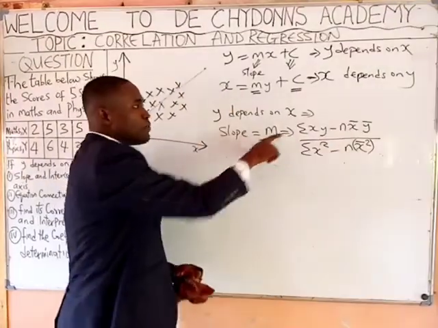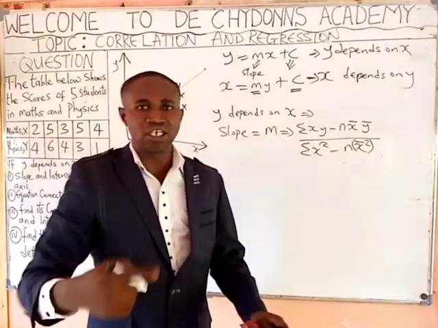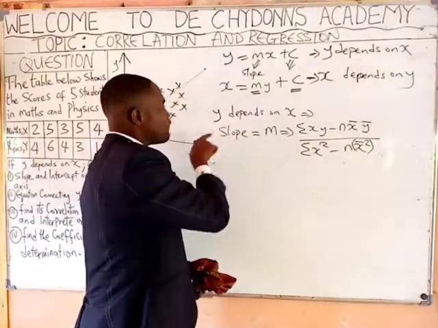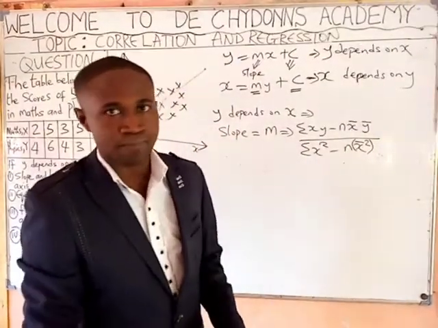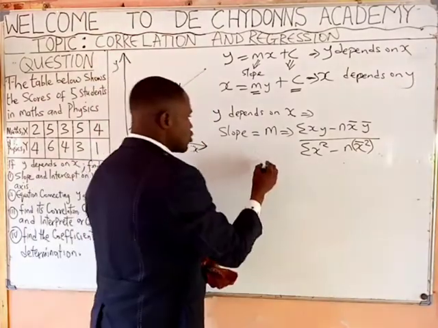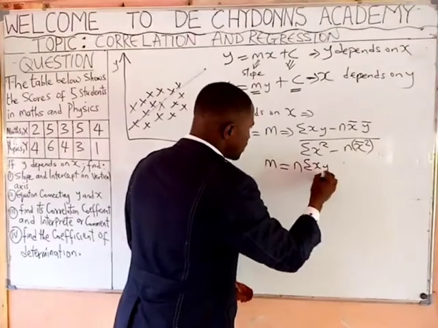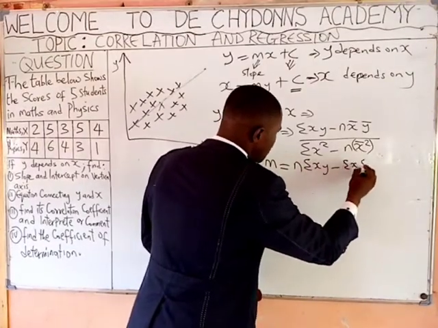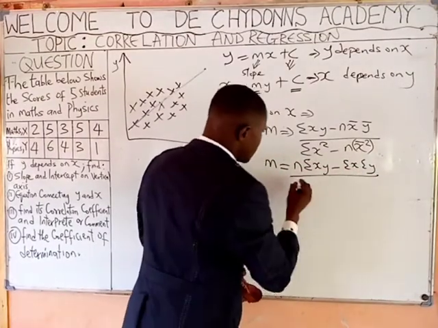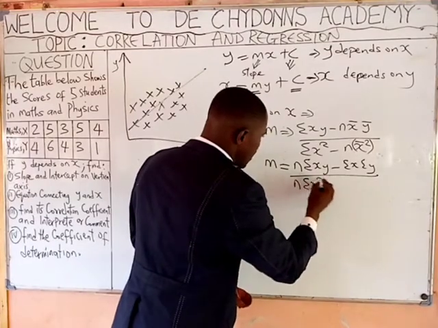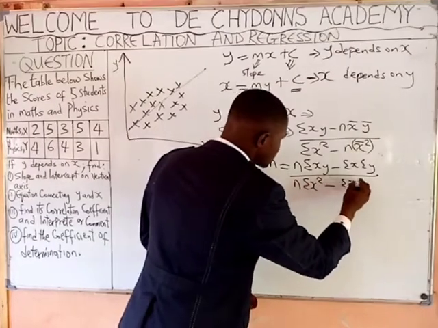This is one of the formulas you can use to get the slope of the graph of y depends on x. Another formula you can use is m equals n summation of xy minus summation of x summation of y, all over n summation of x squared minus summation of x all squared.